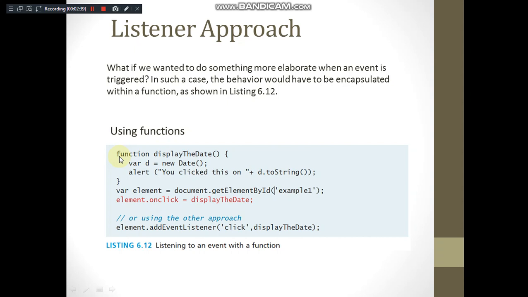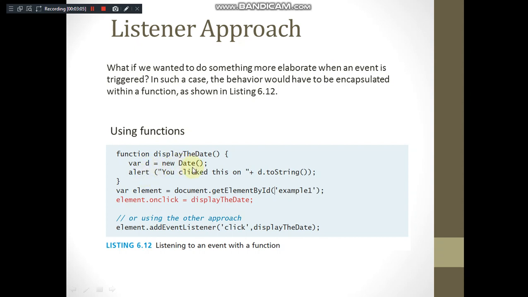What if you wanted to do something more elaborate? As I said, when you want a detailed functionality, or the functionality is larger, you can just write a new function for that. Like here you want to display the date. So you are writing a user defined function by the name displayTheDate. You have created an object by calling new Date, creating a new object.